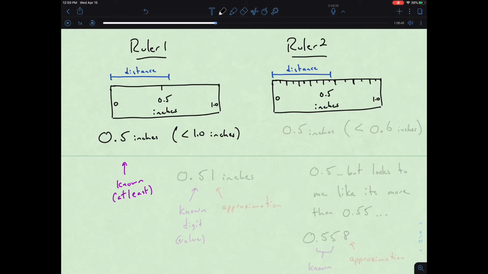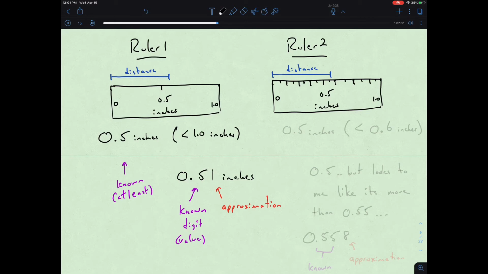And then I could approximate and say, well, I think it's 0.51 inches, where here is my known digit or value, and then we also have the approximation. So that's about as far as I can go with that specific ruler.